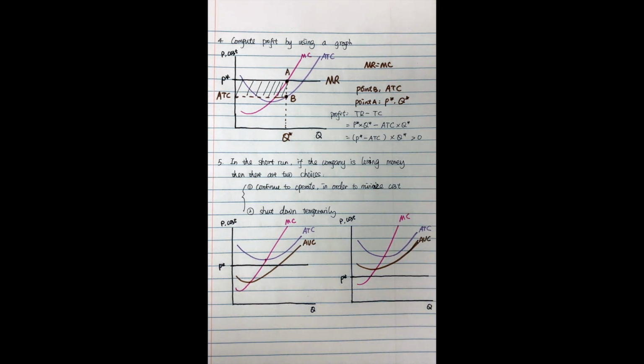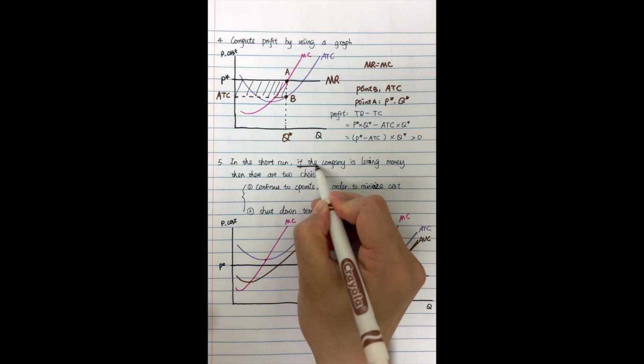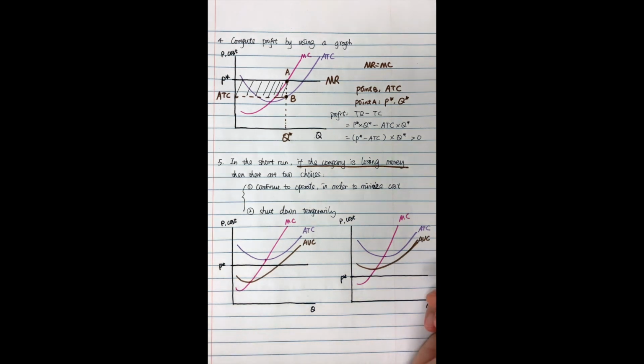And most of the time, you might notice firms sometimes are losing money, right? Or sometimes a firm can earn positive profit. So in the slides, we asked this question: if a company now is losing money, what can they do? Actually, there are two choices for companies if they are losing money.